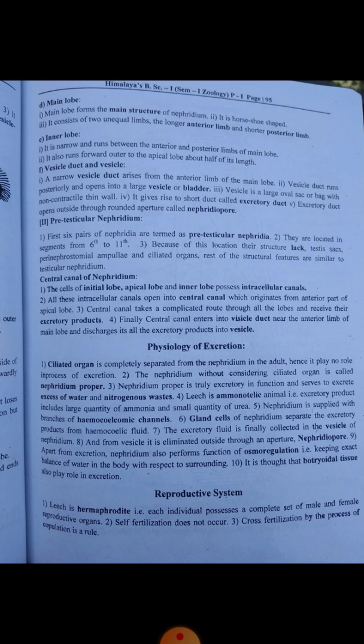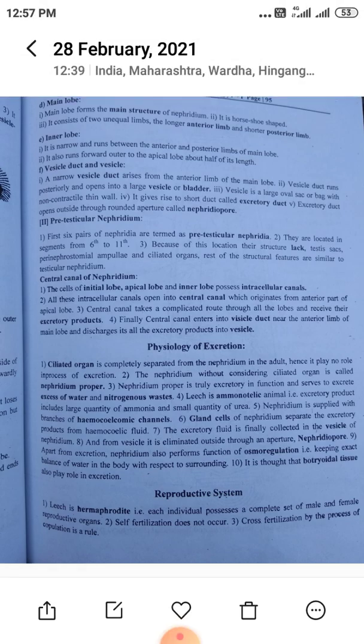The nephridium is supplied with branches of hemocoelomic channels. Gland cells of the nephridium separate the excretory products from the hemocoelomic fluid. The excretory fluid is finally collected in the vesicle of the nephridium, which is the bladder, and from the vesicle it is eliminated outside through an aperture, the nephridiopore.